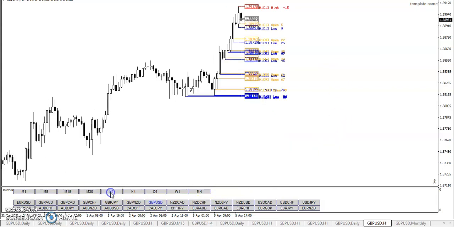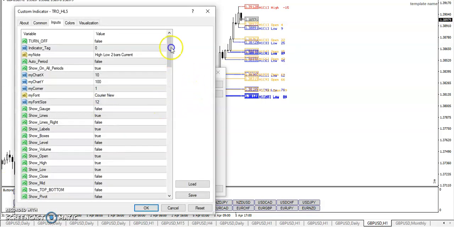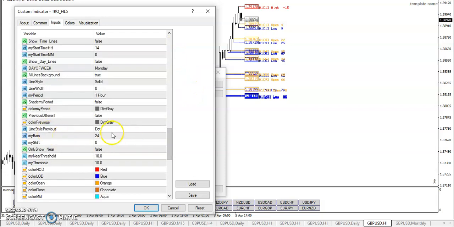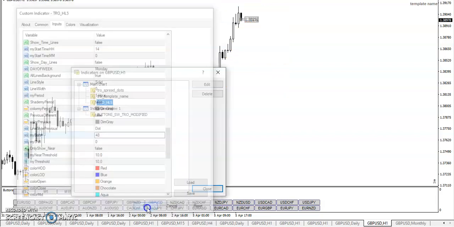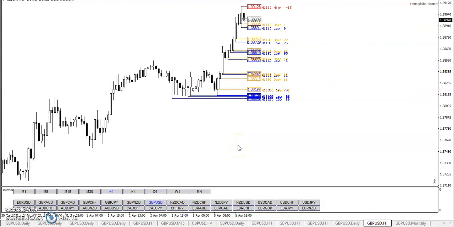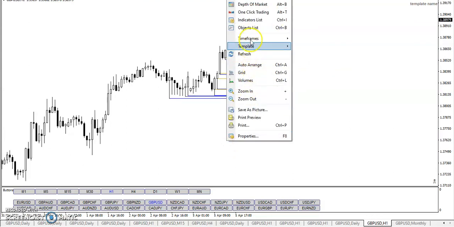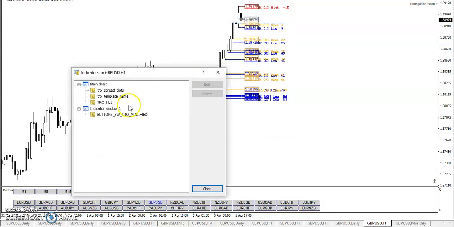Let's see. Let's ramp this back up to H1. So we could even look at about 2 days' worth of data if we want. Instead of 24, we could say 48. But it seems like those prices have been crisscrossed.